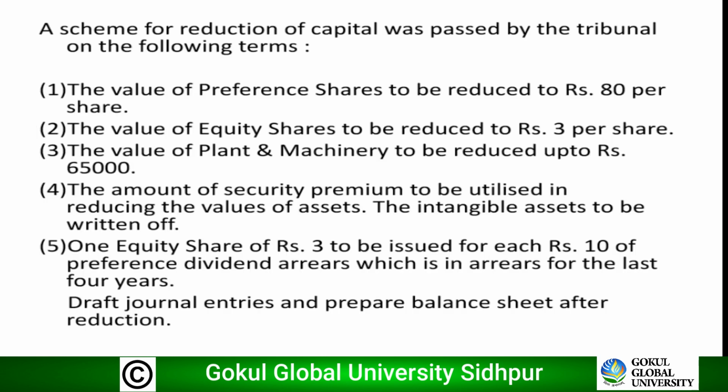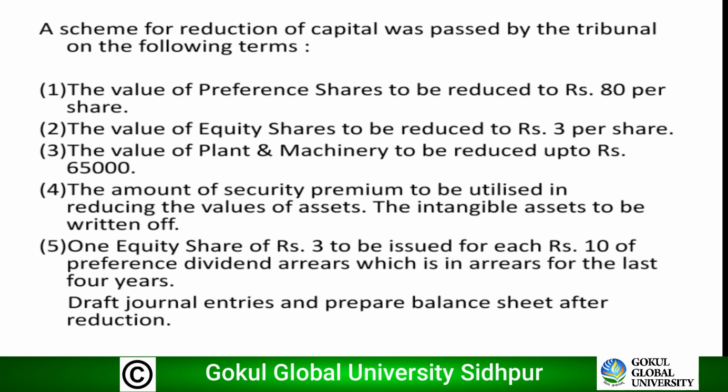Next, a scheme for reduction of capital was passed by the tribunal on the following terms: 1, 2, 3, 4, 5. These all are adjustments. First, the value of preference shares to be reduced to rupees 80 per share. Next, the value of equity shares to be reduced to rupees 3 per share.